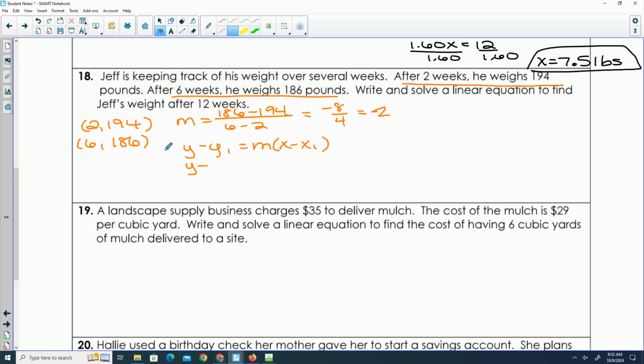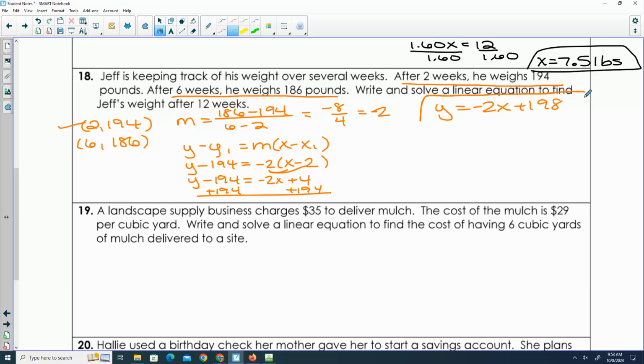So y minus, I'm just going to use that first point, 194, equals my slope, negative 2, times x minus 2. Distribute. Add the 194. So we get y equals negative 2x plus 198. There's my equation.